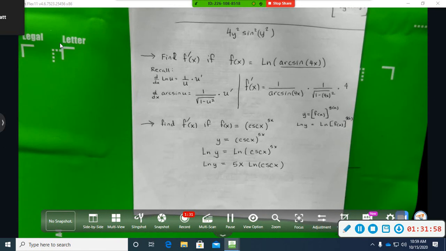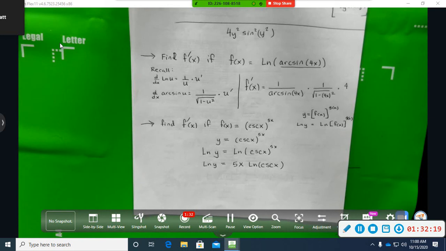What's the derivative of a cosecant? Spot you a minus sign. Not going to tell me? Derivative of cosecant is?